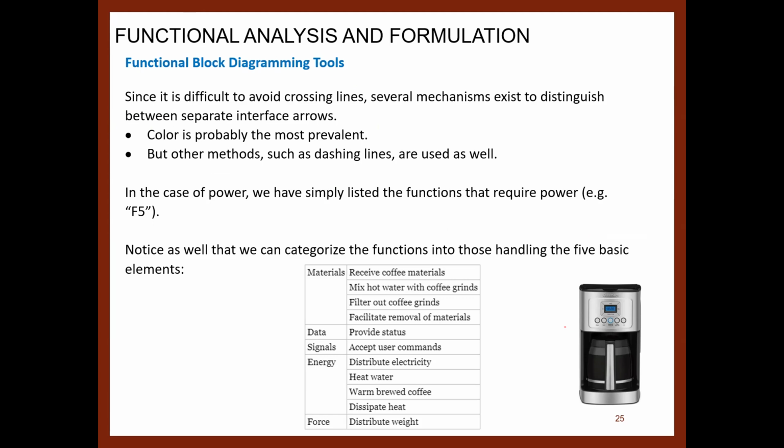In the case of power, we have simply listed the functions that require power. Notice as well that we can categorize the functions into those handling the 5 basic elements. So these are the elements: materials, data, signals, energy, and force. So we can separate the functions based on those 5 mediums.